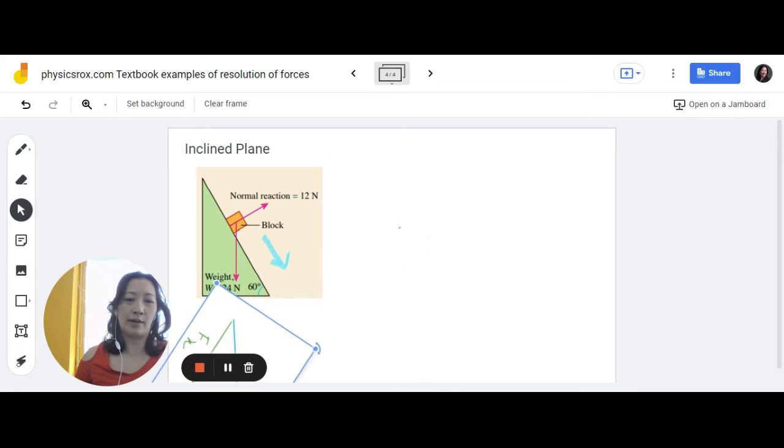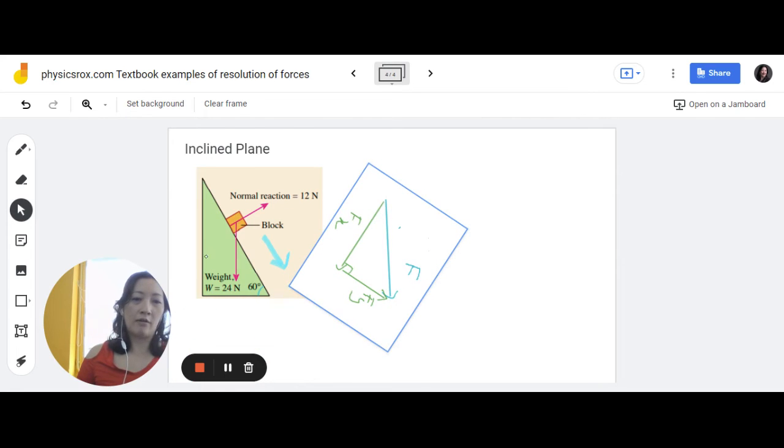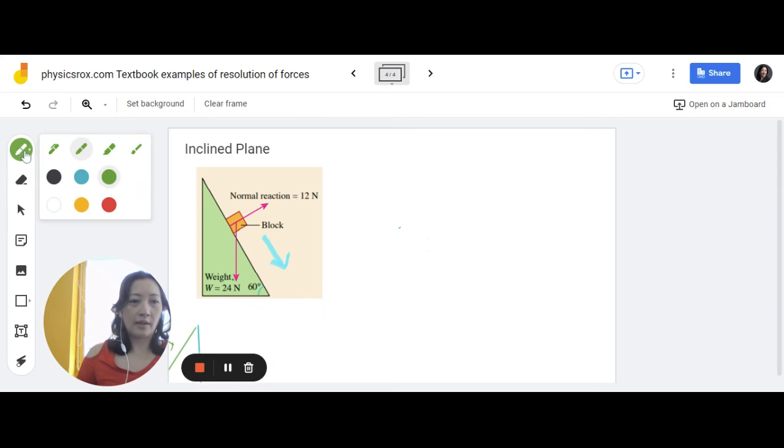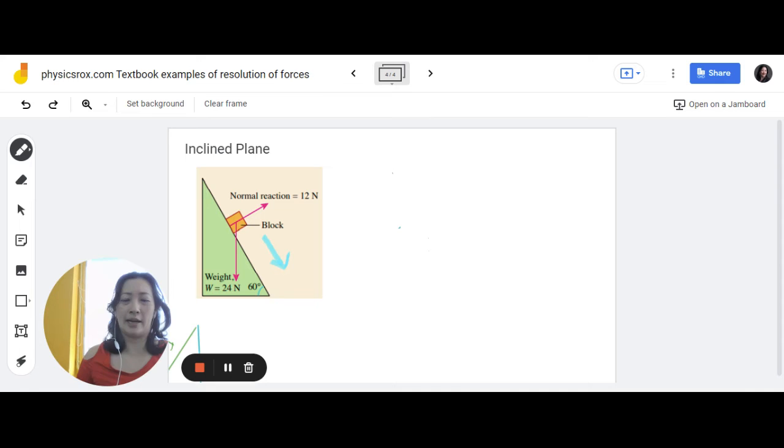Yeah, you can see. So I'm just going to put it to one side here so that it doesn't block the way. That means we're going to draw this triangle now based on this shape. Okay, I'm going to draw this a little bit bigger so that you can see, all right? So let's say this is the block.